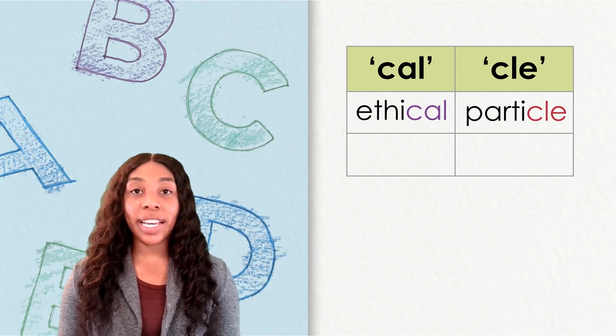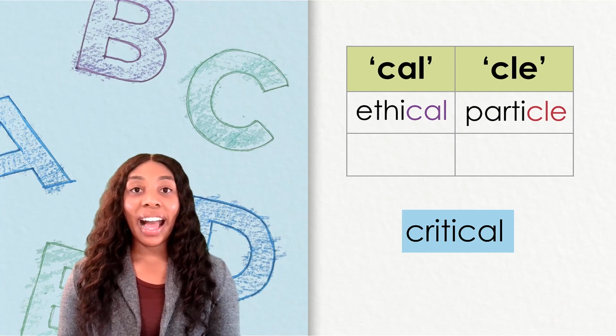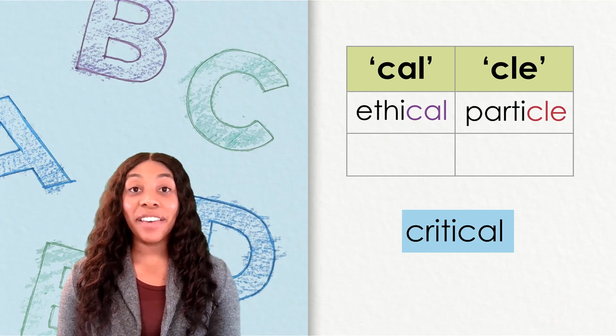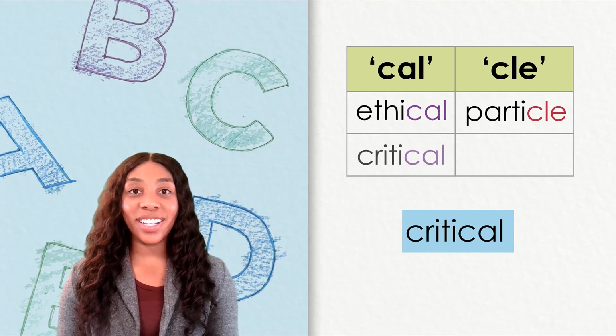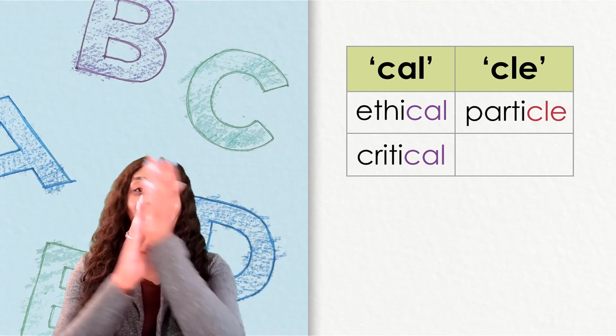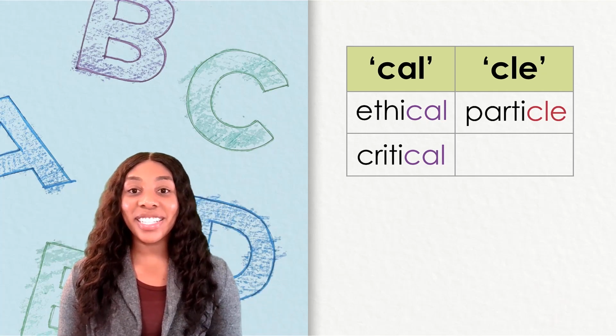The next word is critical. How is the k sound spelled in critical? If you said C-A-L, you were correct. Go ahead and give yourself a round of applause. Here's another word.